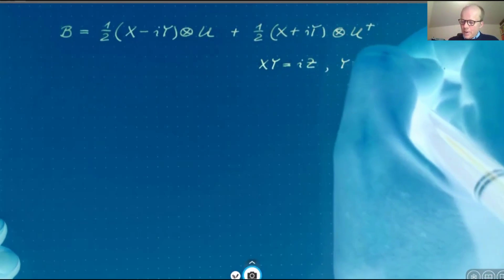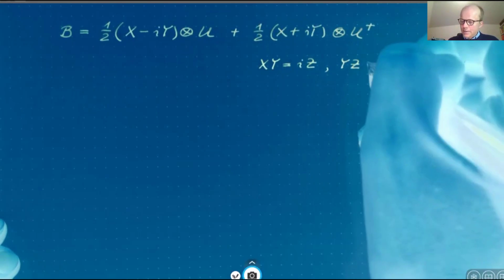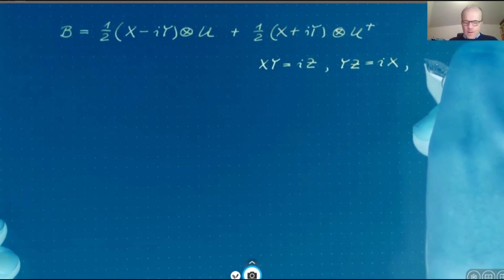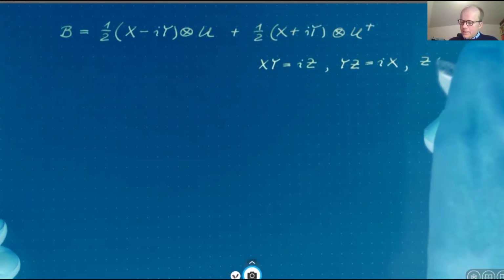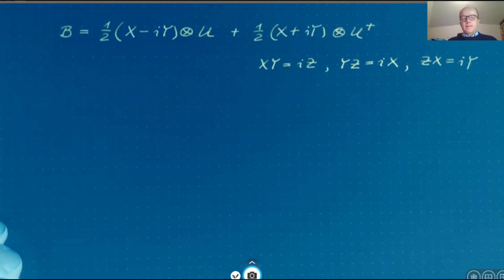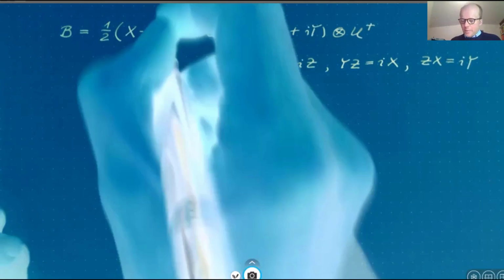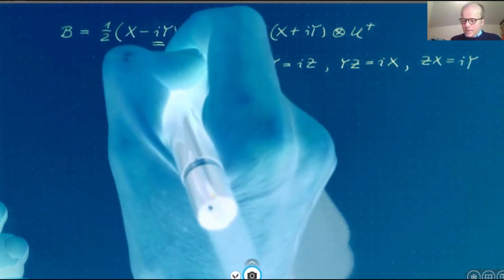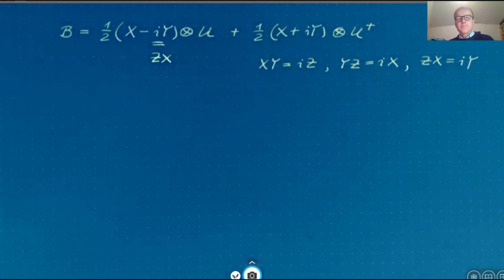Or Pauli y Pauli z is I Pauli x. Or Pauli z Pauli x is I Pauli y. And the last one we shall use, we shall replace the Iy by z Pauli x.